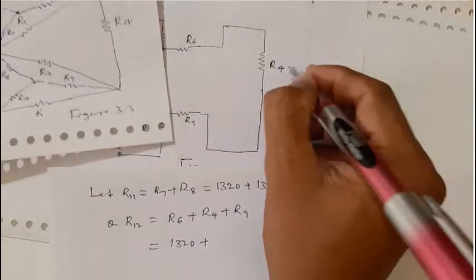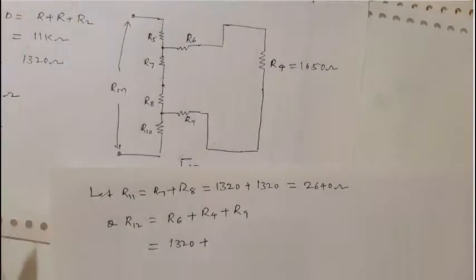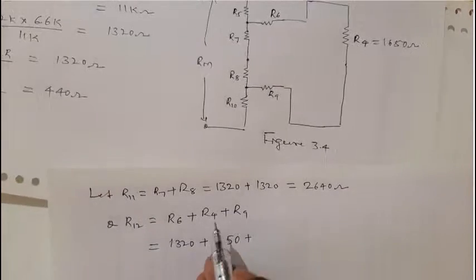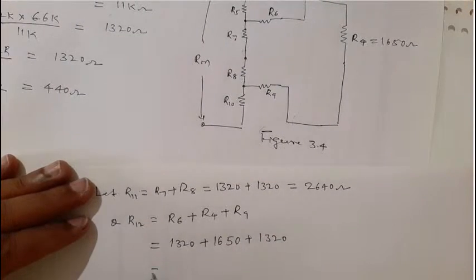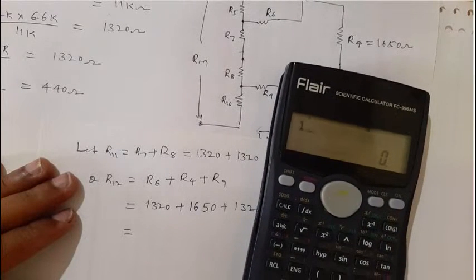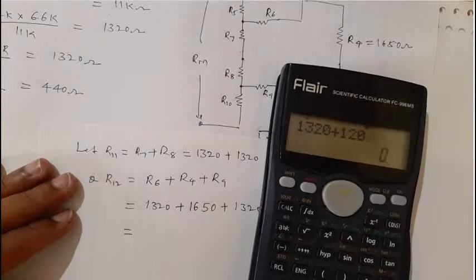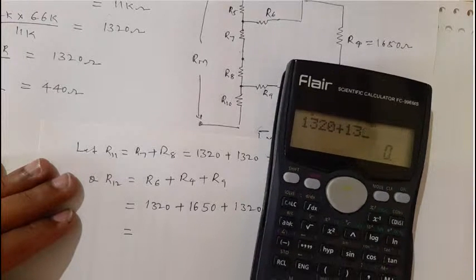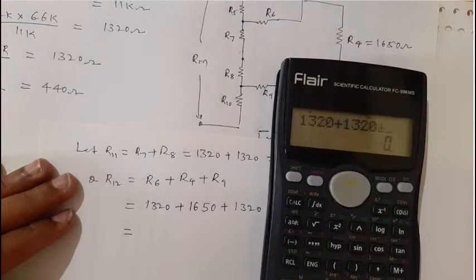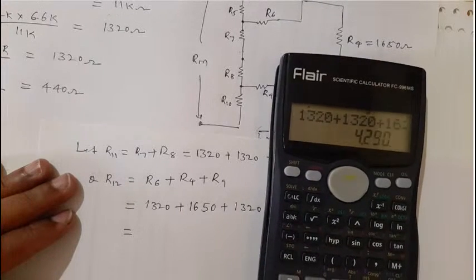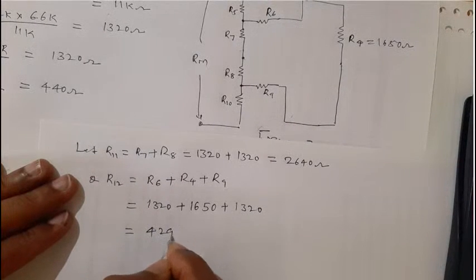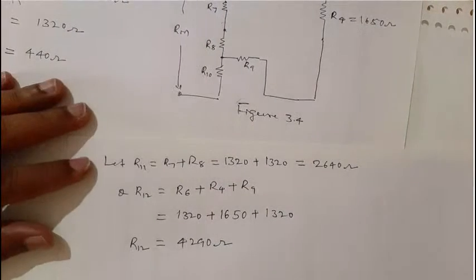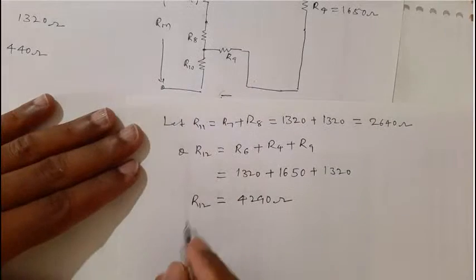So R4 is equal to 1650 ohm. Plus R9, which is 1320. So 1320 plus 1320 plus 1650 is equal to 4290 ohm, which is R12.